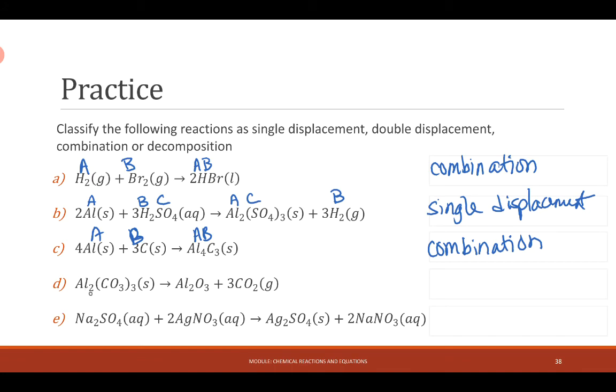And here I have A, B, and then I guess part of A included some oxygens. That's a decomposition.